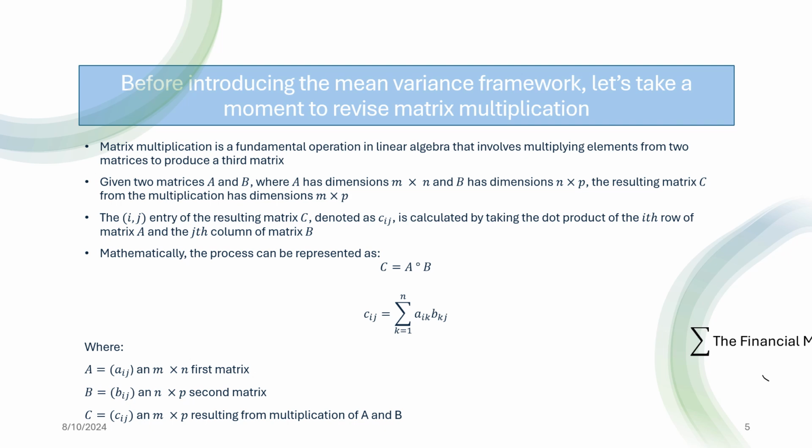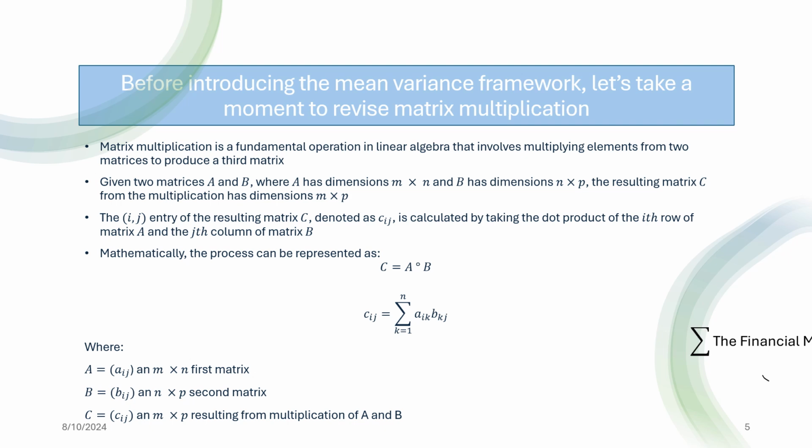In our case, we have, for example, matrix A and B, where matrix A has a dimension m rows by n columns, and matrix B has n rows by p columns. The resulting matrix C from multiplication has m rows by p columns.